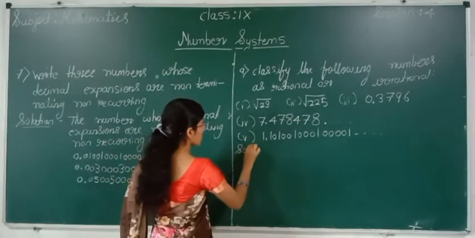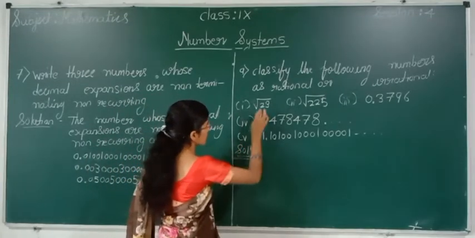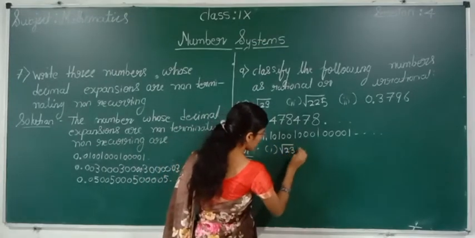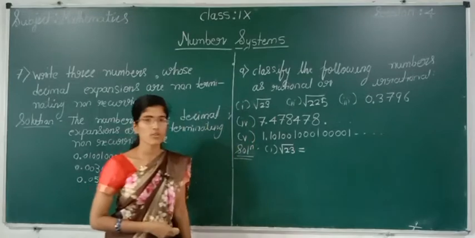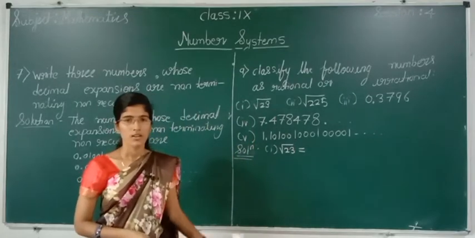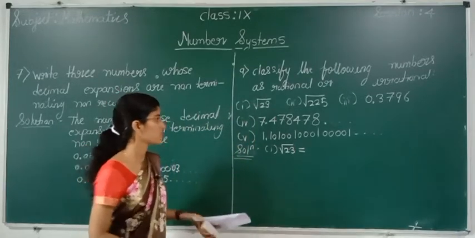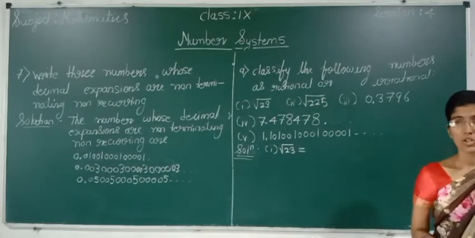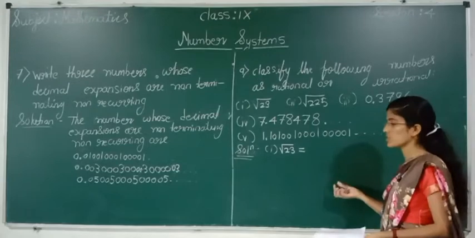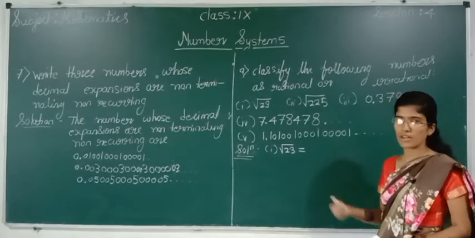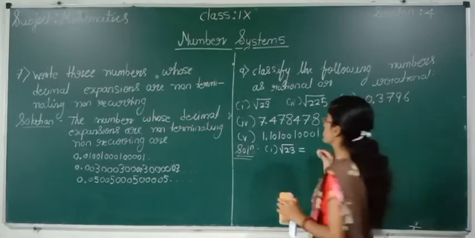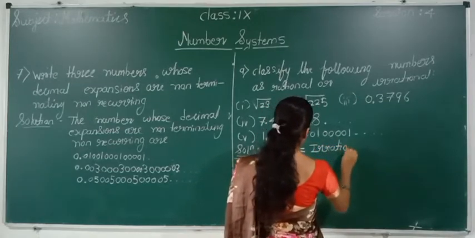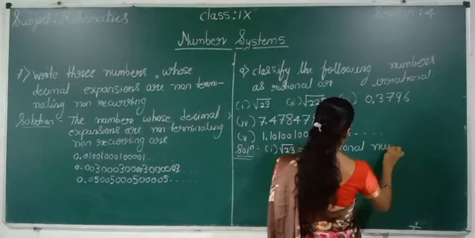See the solution. First one is square root of 23. If you take the square root of 23, it's non-terminating, non-recurring. We won't get the exact value for this. This is an irrational number.